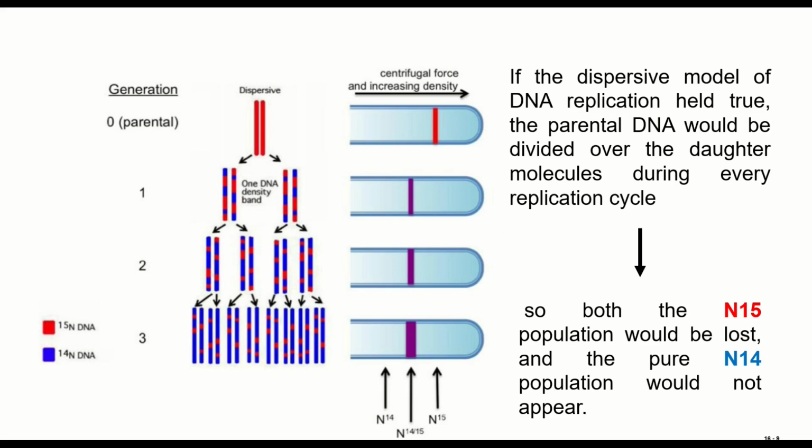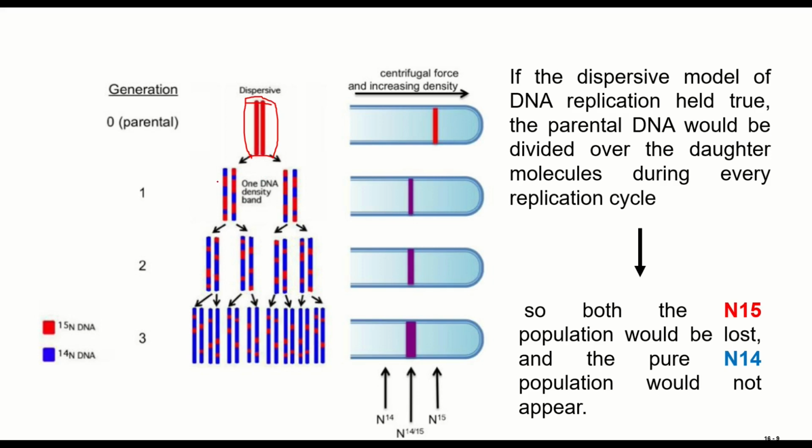And now let's think about what happened if the dispersive model was right. This could also be another question for the test. What will be the result that you're expecting? Here I just remind you, in the dispersive model, you will start again with this heavy isotope, but later you start making copies.